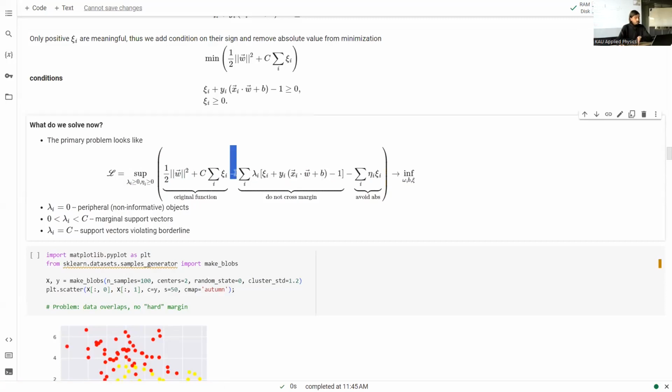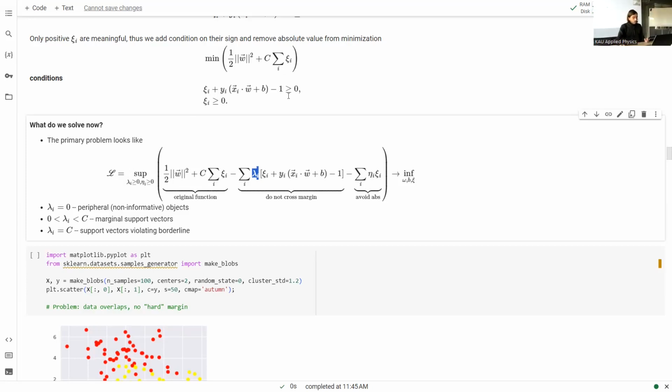I have minus sign here. So whenever I set this lambda i to some positive value, I'm adding something to the Lagrangian, yes? So I'm making it bigger. And if I'm trying to take a supremum, I will get infinity. Yes, absolutely correct. It will explode.